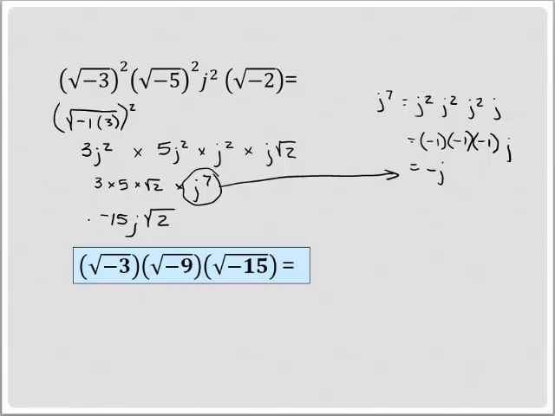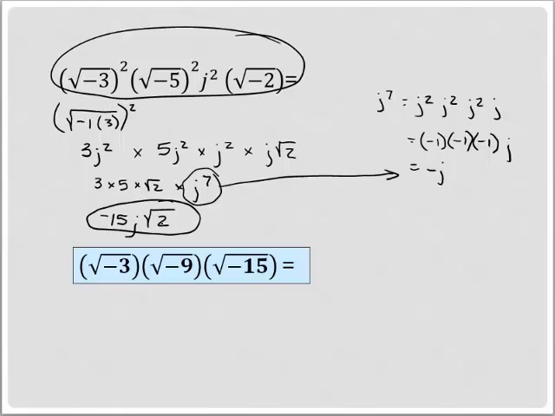Starting to try and put them in nomenclature that is familiar in the industry. So negative 15j square root of 2. That's an awful complicated equation that we've simplified down very nicely.